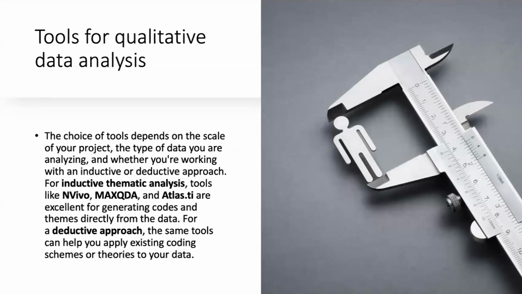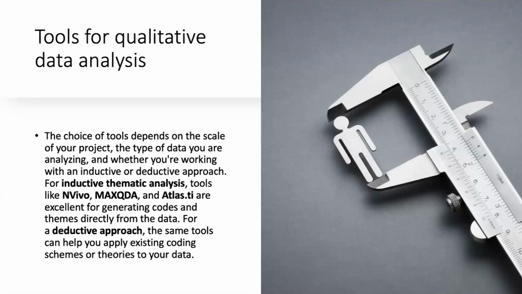However, with technological advancements, there are many tools available which can help organize and manage your data, regardless of how large it is, so that you can conduct your analysis more thoroughly and clearly.